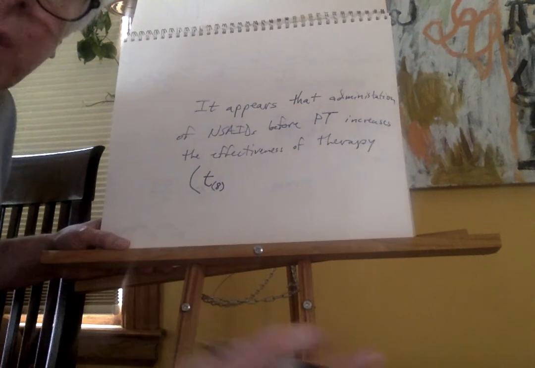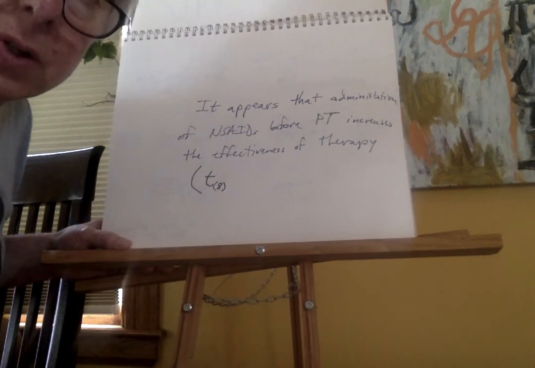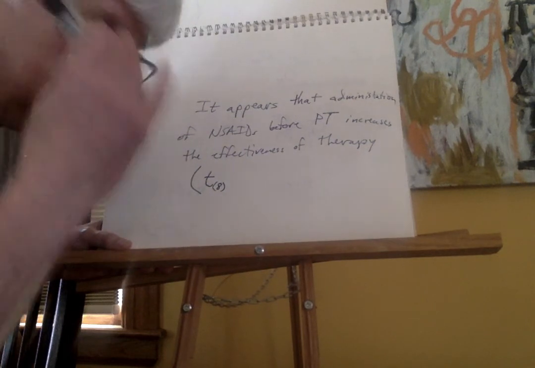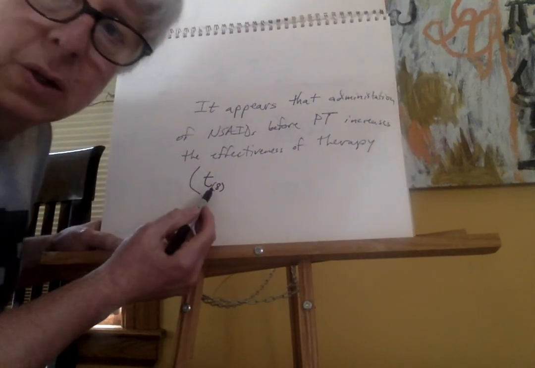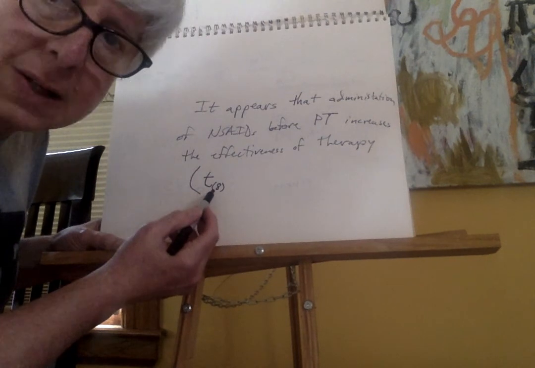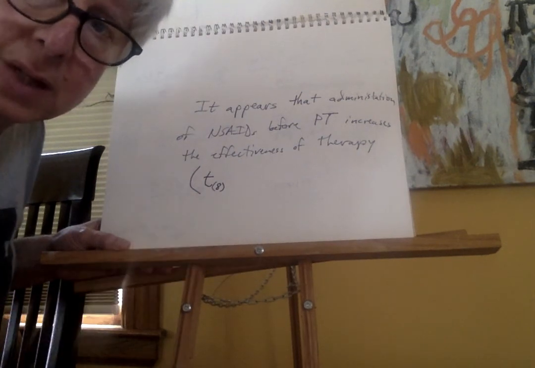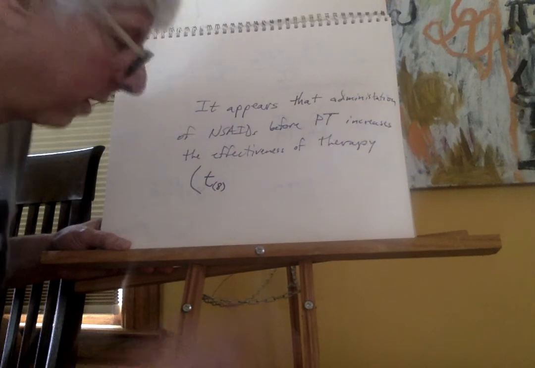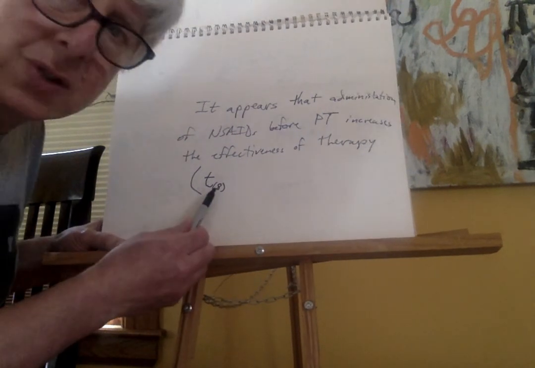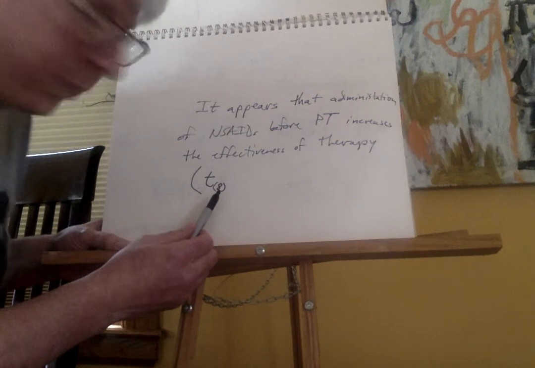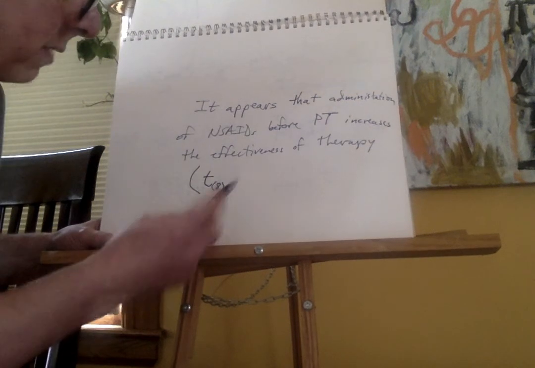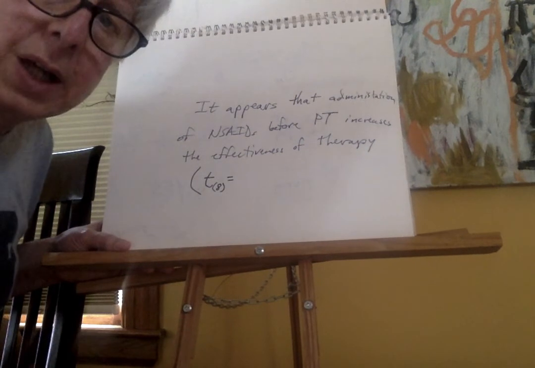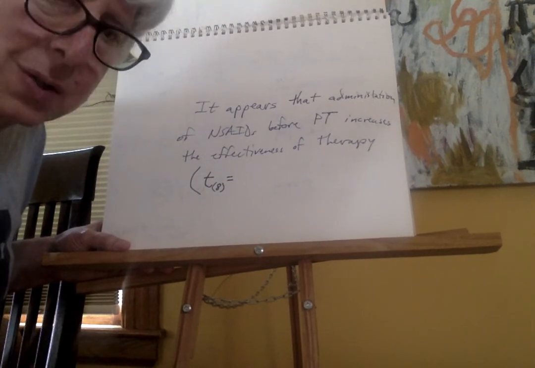Now, when I read this stuff in a journal, or somebody presents at a conference, as soon as they tell me that the degrees of freedom are 8, then I know that they used how many subjects? They used 9 subjects, okay? Because this is the number of people in your sample minus 1. So t with 8 degrees of freedom is equal to, now once again, I want you guys to do this right.